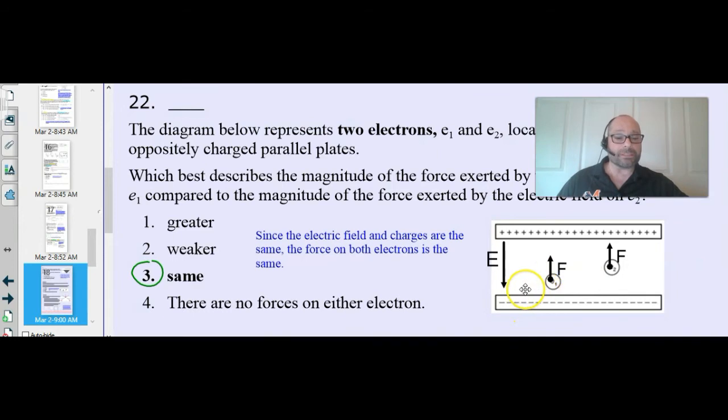Now, we also discussed the other day in another video that electric field points from positive to negative, but electrons go against the arrow because the arrow was designed on a positive test charge model. So since the electric field and the charges are the same, the force on both electrons is the same.